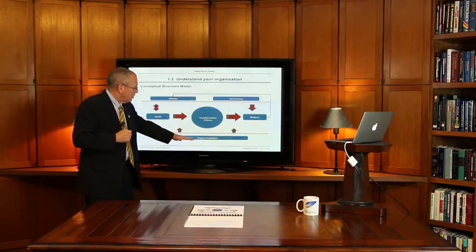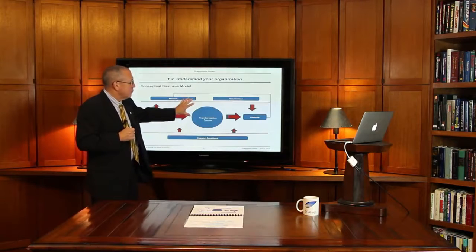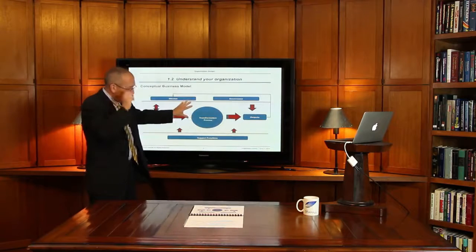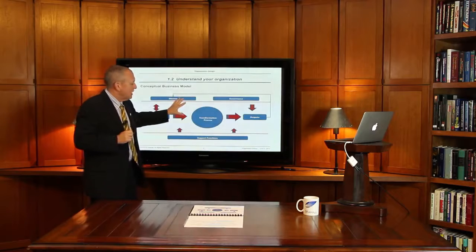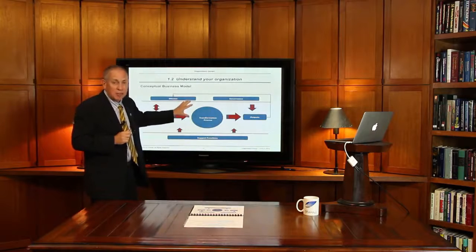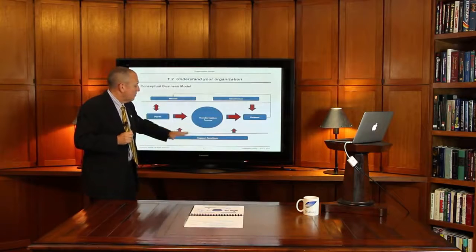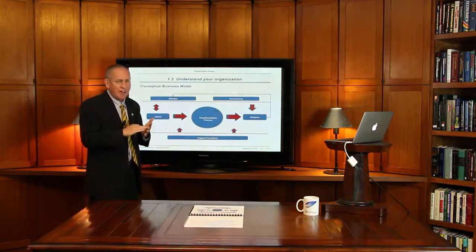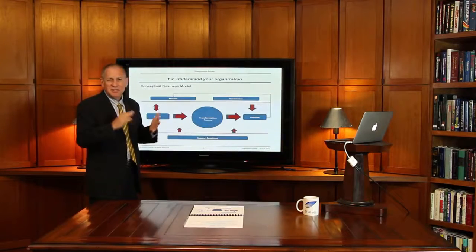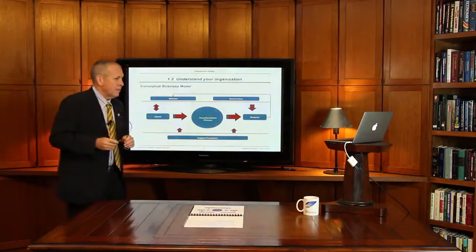Lastly, we've got support functions. These could be completely different for a different organization. An NGO, for example, versus a manufacturing company, this middle part is going to look very different. However, they're all going to have support functions such as human resources, IT, finance, corporate services, facilities, that kind of thing.